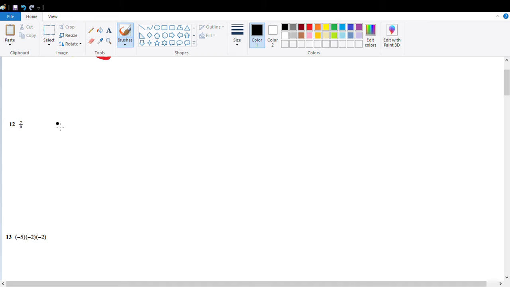Simple. Now let's move on to 12. 12 we have 7 divided by 0. In this case we're dividing by 0, and we have 0 in our division problem. And what do we do? What do we get when we have 0 and we're dividing things? We can only have two answers.